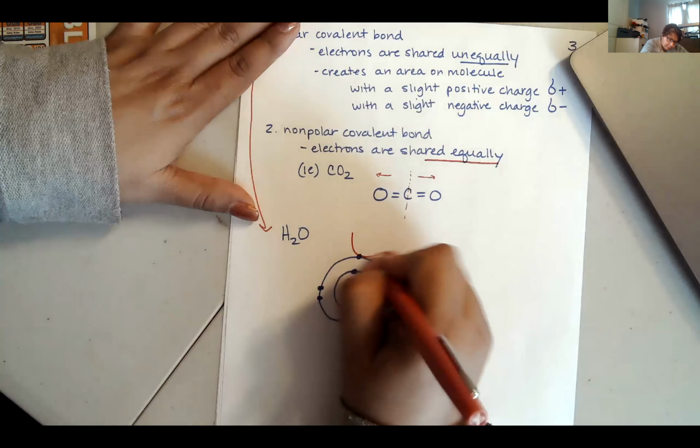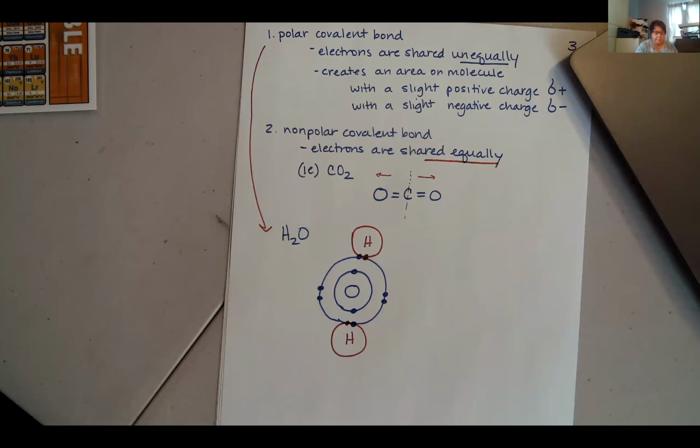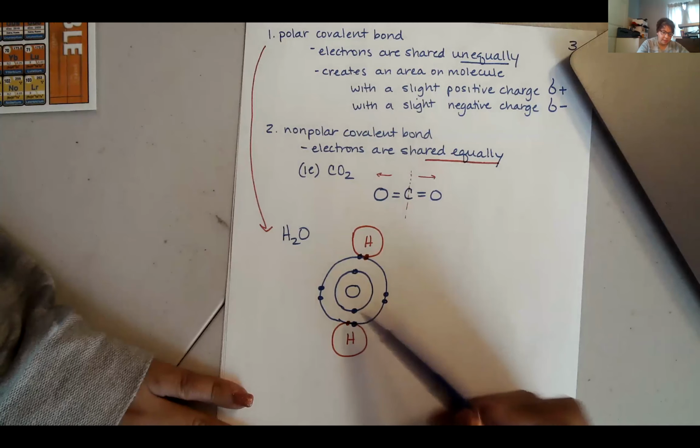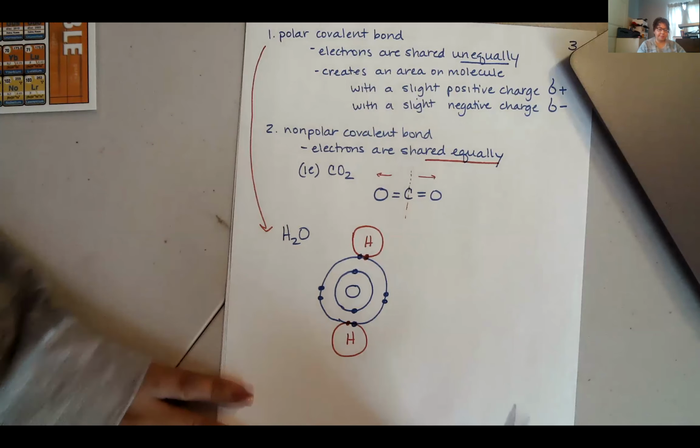So here's a simplified arrangement of our water molecule. We have our oxygen in the middle, and the hydrogens on the 2 sides.